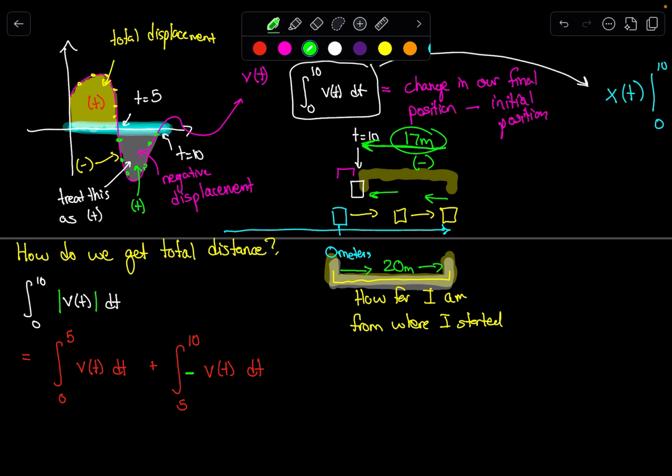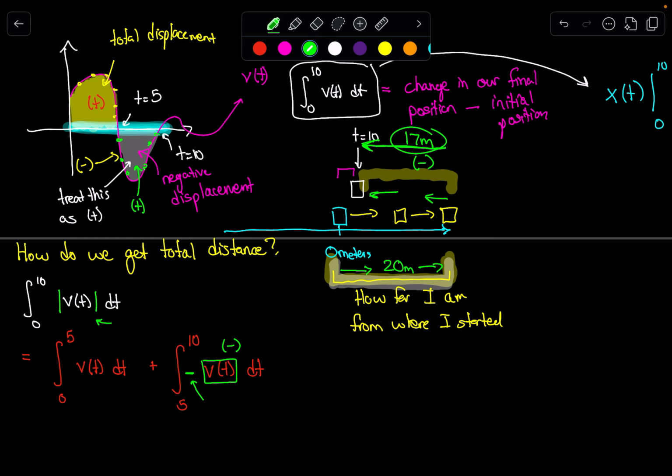And that is going to have the same effect as if we had done the absolute value of the velocity in the first place. Remember, this thing here is already negative valued, so by putting a negative in front of it, we cancel out those negatives, and it's just going to leave us with a positive.